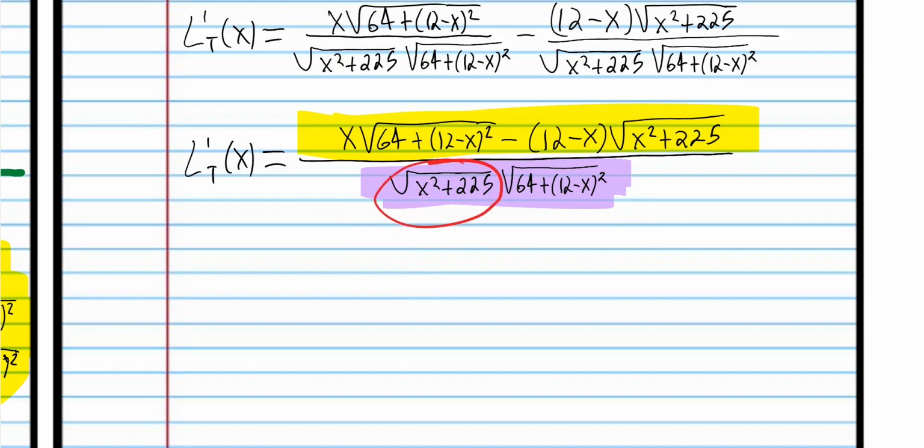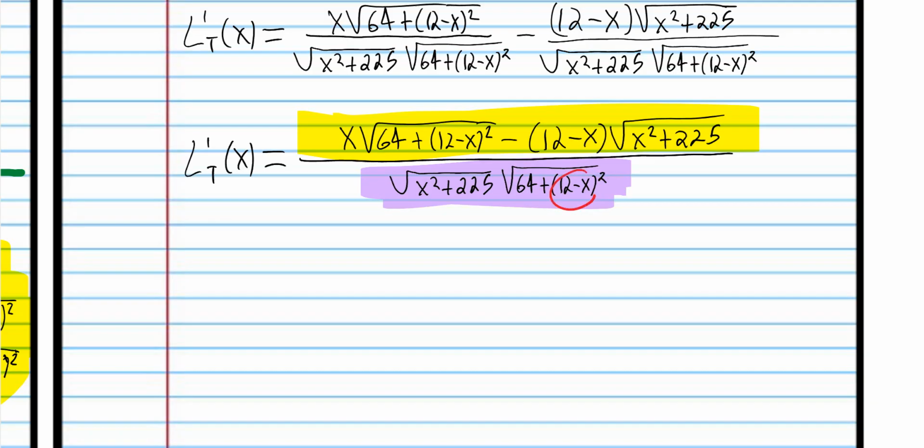Think about that. If you plug in 0 for x, or square root 225, or negative square root 225, it doesn't matter if you plug in a positive, a negative, or whatever, you're not going to make that 0, because when you square x, it becomes a positive number. Same thing here. When you square 12 minus x, it makes a positive number.